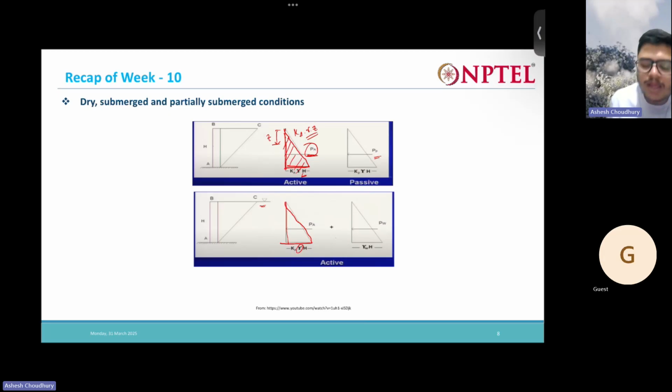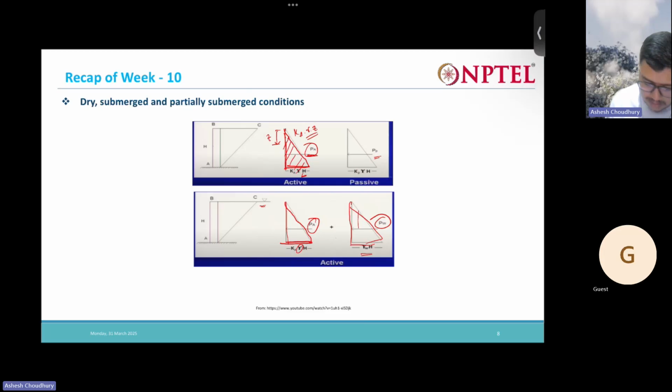So K times gamma prime times H. Then the area of this is going to give me PA, plus there will be some lateral thrust coming from the water, because all of the backfill soil is submerged, right? So there will be some lateral thrust from the water, obviously from Pascal's law. Water exerts equal pressure in all directions, including the lateral direction. So similarly, we're going to have another triangle, that is gamma W into H. So the area will give you the PW.